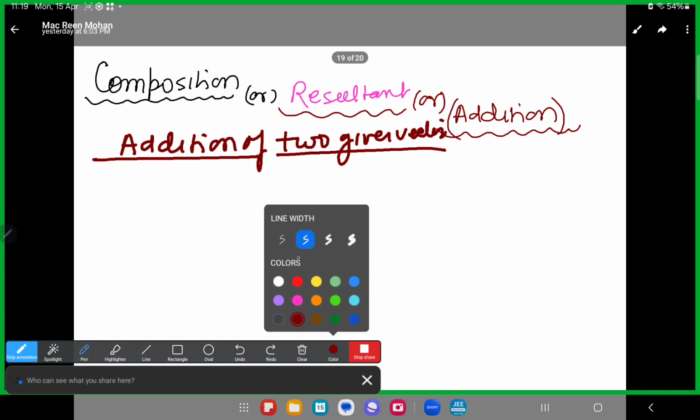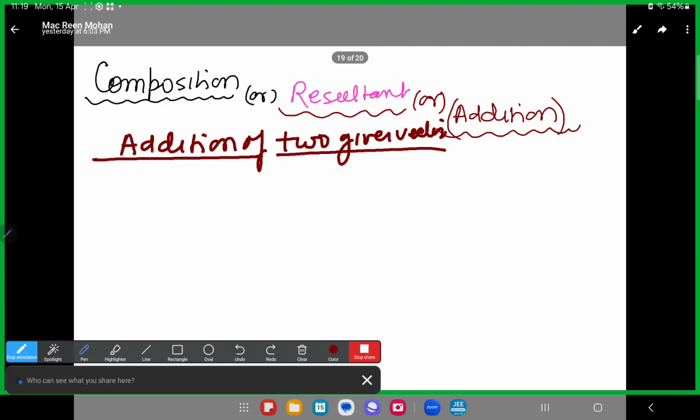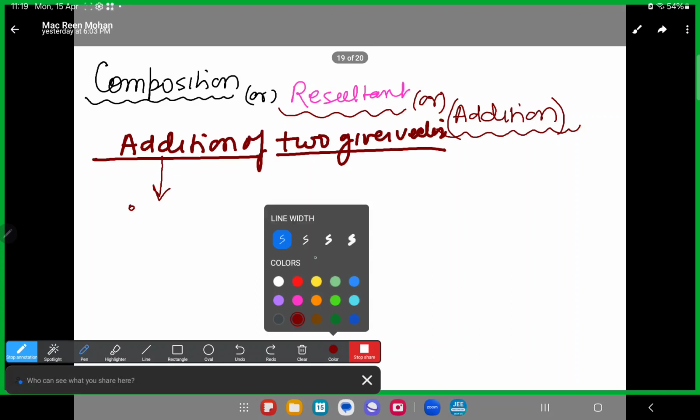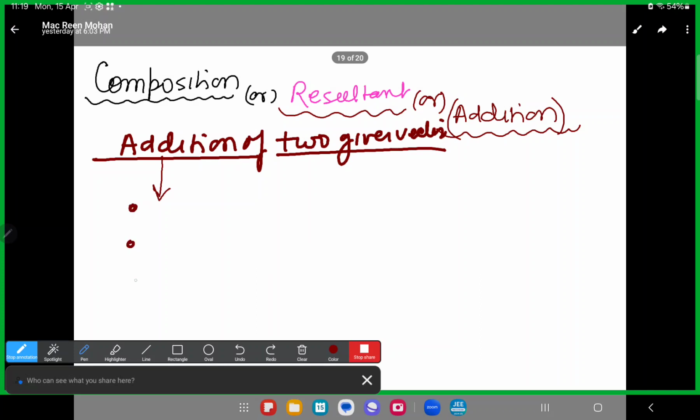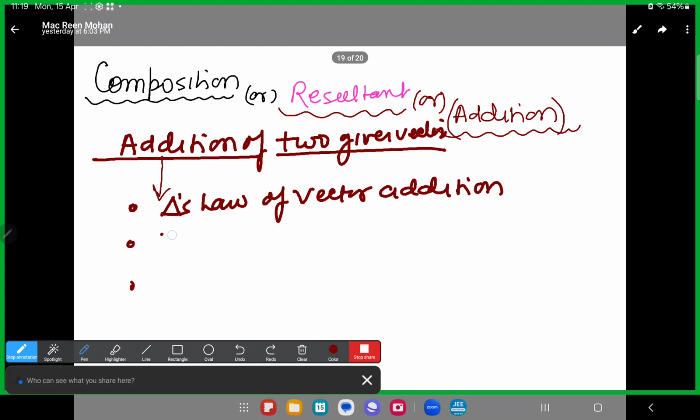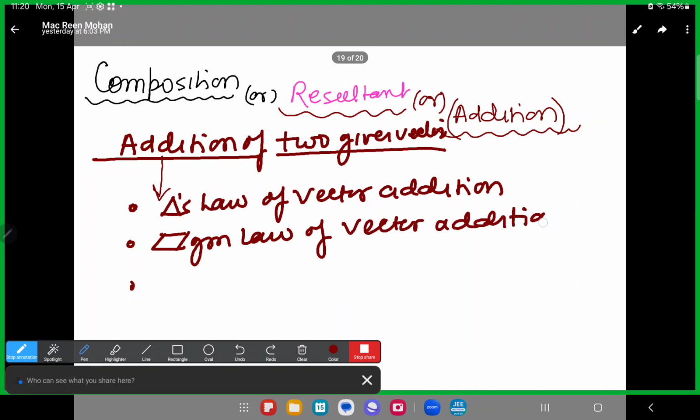So let me tell you, if we are talking about addition of vectors, it will be done in three ways. First, it is called the triangle law of vector addition. Clear? Second, it is called the parallelogram law of vector addition.